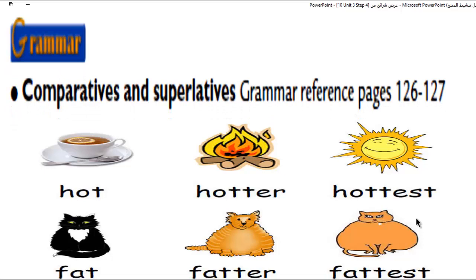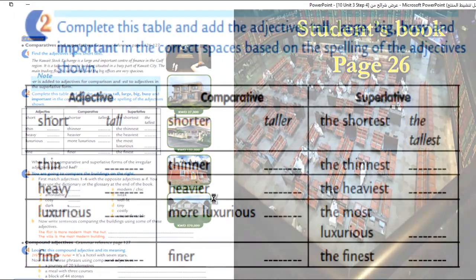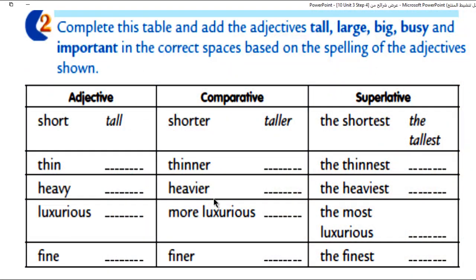Comparative and superlative grammar reference page 126 and 127 in your student book. Hot, hotter, hottest, fat, fatter, fattest. Now open your student's book, page 26. Exercise number 2.